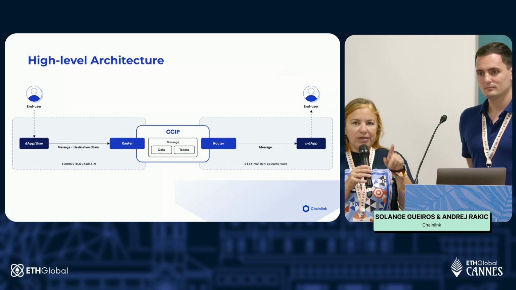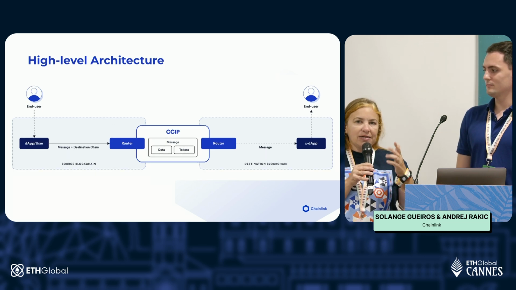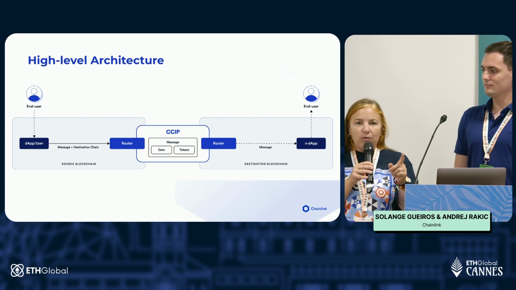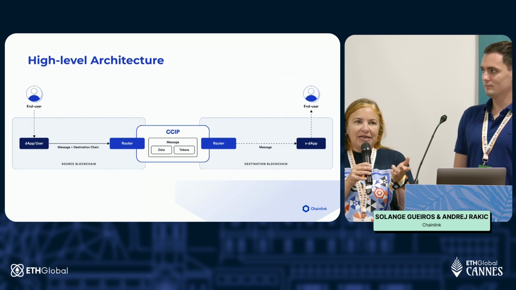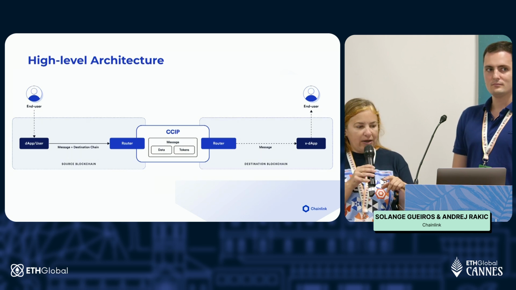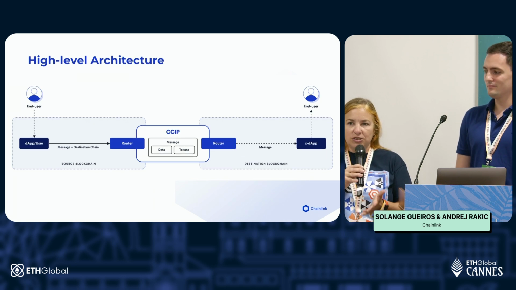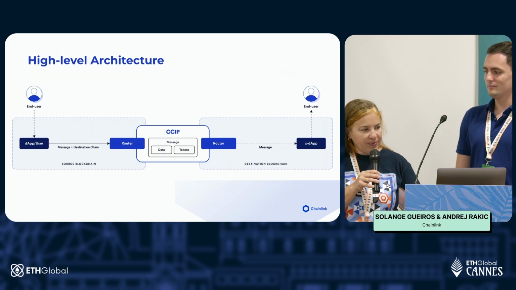And we have all the off-chain part, which is what the CCIP does. And also the communication is done between the routers over there, okay? And then in the destination chain, you receive tokens or messages, whatever you'd like to receive.